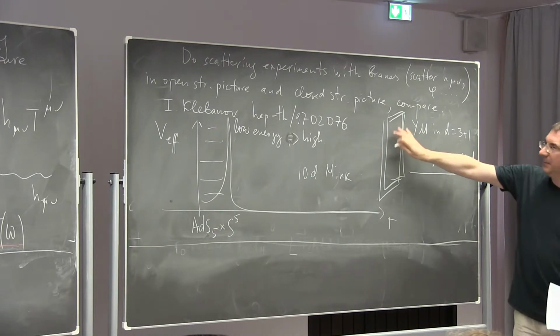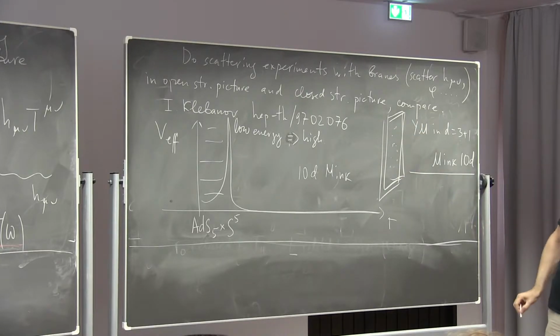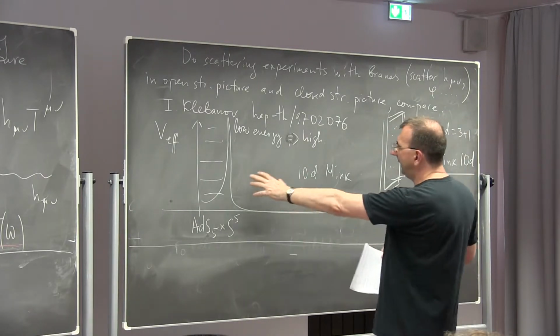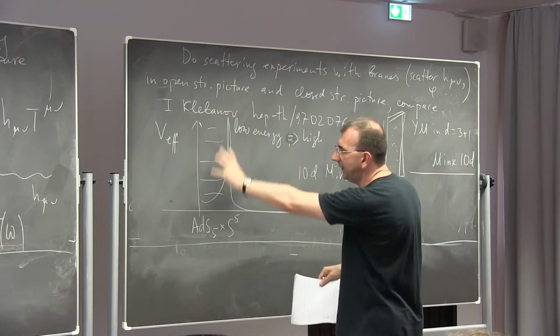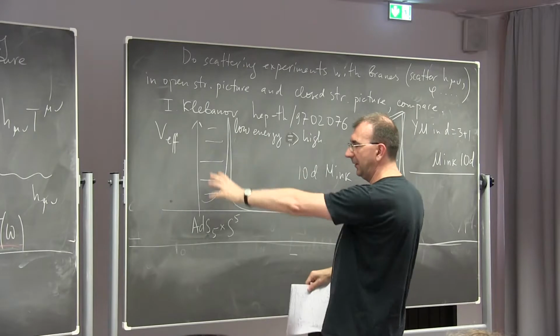So Yang-Mills theory at low energy is the brane itself, and then there is 10-dimensional Minkowski space. And here this scattering experiment tells you that there is 10-dimensional Minkowski space, and this AdS5 cross S5 region, and some excitations which propagate in this geometry.